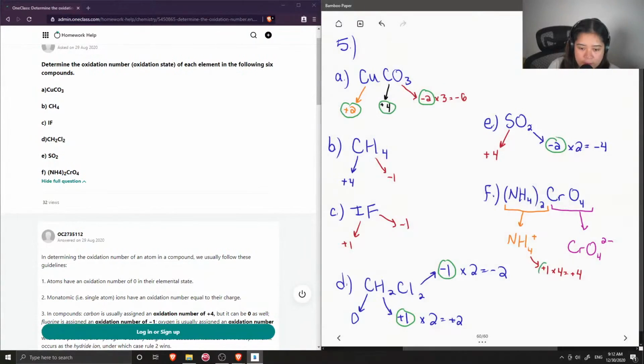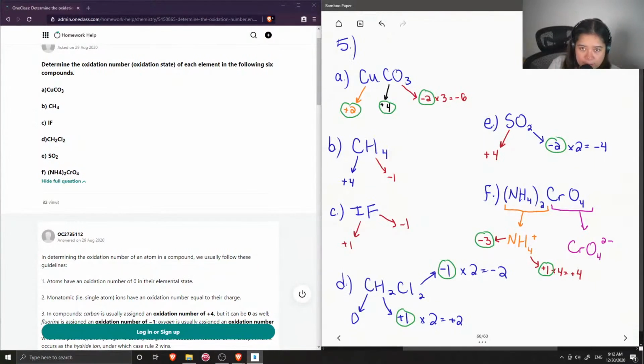So I'm going to circle +1 since this is the answer for the hydrogen. And since the ammonium ion has an overall +1 charge, that means the oxidation number for nitrogen should only be -3. So this gives us an overall +1 charge for the NH4 ion.